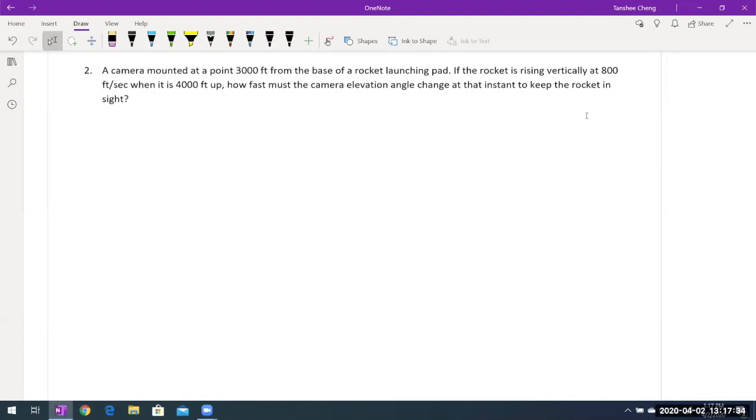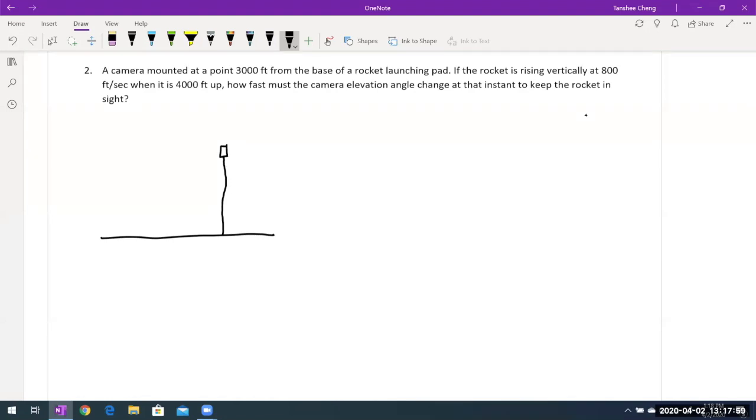Notice that in this problem we have a launching pad, and the rocket is going up vertically.